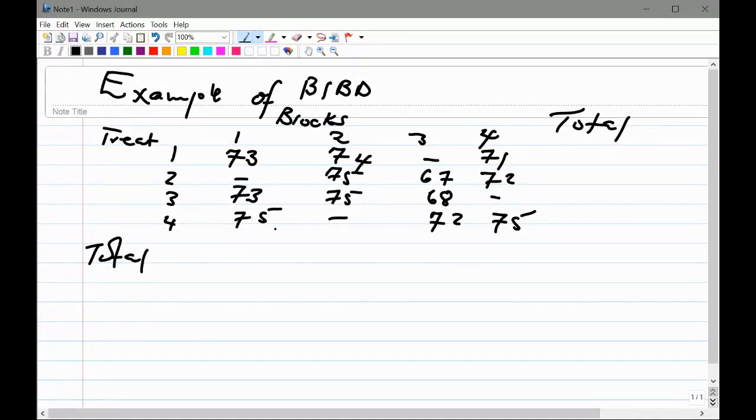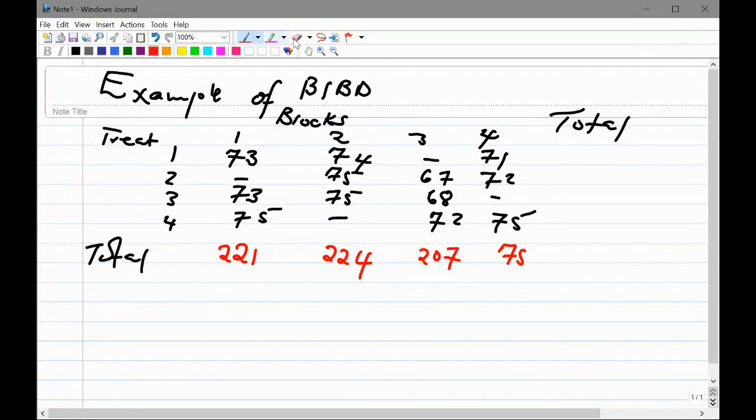So the total for the first one is 211, 221. The second one is 224. Correct me if I'm wrong. 207, 70.